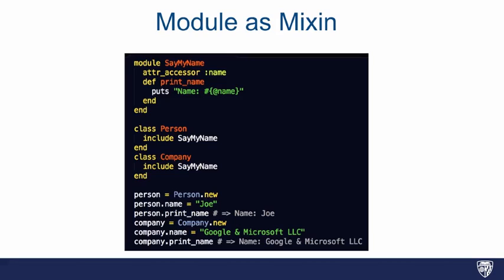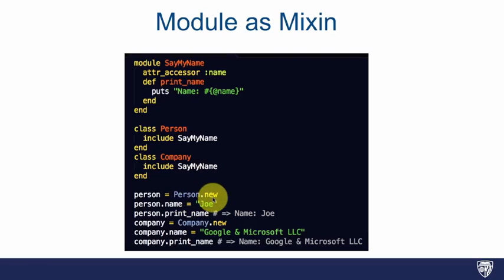So to see a simple example of a module as a mixin, you have a module that's called, say, SayMyName, which defines an accessor, which is a setter and a getter, and basically defines a method called print name, which prints that name. And then you could have a person class or a company class that both include the module SayMyName, which basically lets you include the functionality inside that module.